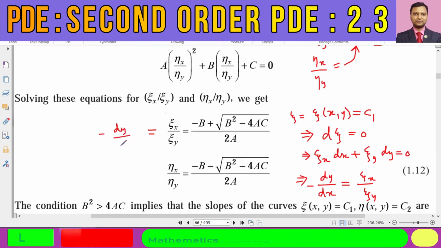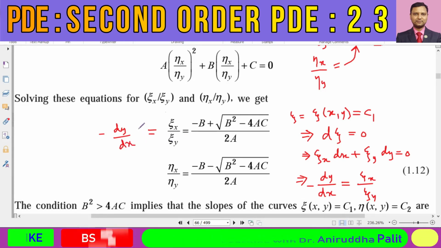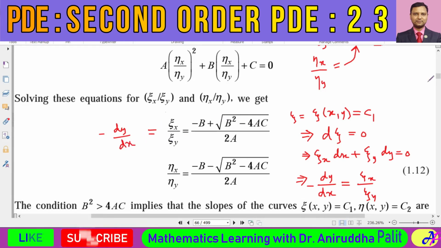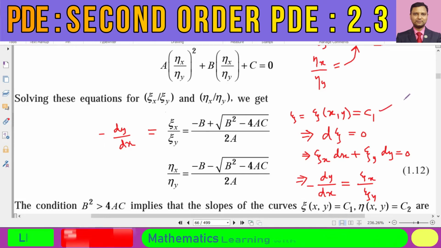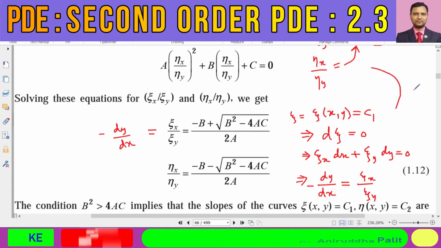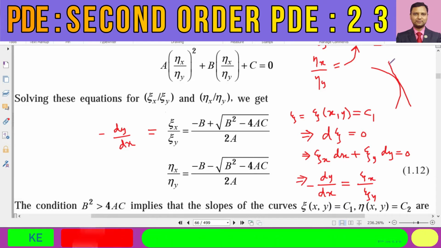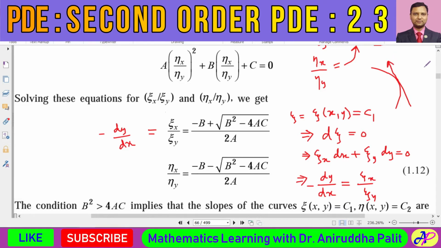What is dy dx? dy dx is actually the gradient of some curve. Say if this curve xi of x comma y is equal to c1, if this is the curve in the two-dimensional plane, then at a certain point this dy dx will ultimately give us the direction of a certain tangent.